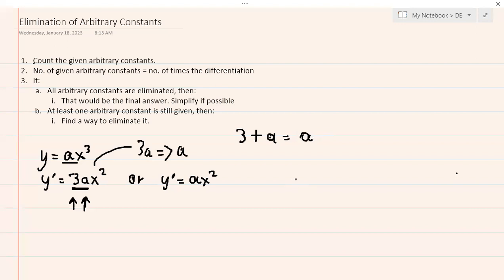Basically, ulitin ko, if you're going to multiply, divide, subtract, or add a constant term to an arbitrary constant, the answer is arbitrary constant na lang for simplification. So 3 times A is A, 3 plus A is A, 3 divided by A is A, or vice versa, A pa rin. And lastly, 3 minus A is still A.